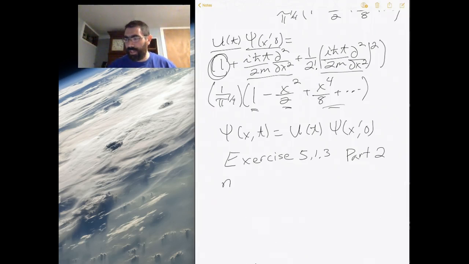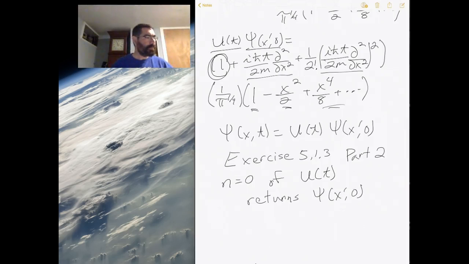So basically, the n equals 0 term of the U expansion just returns the psi in its initial condition.